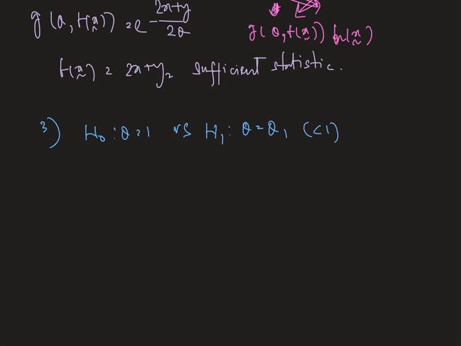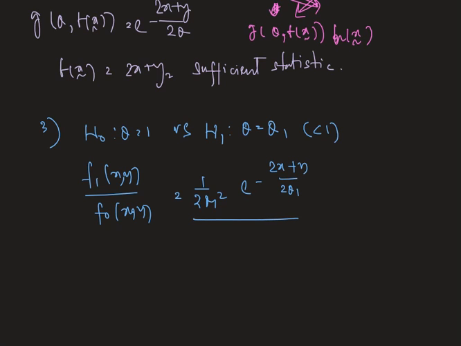Now by Neyman-Pearson theorem, f1(x,y) divided by f0(x,y) is equal to 1 by 2 theta 1 square e to the power minus (2x plus y) divided by 2 theta 1, divided by 1 by 2 e to the power minus (2x plus y) divided by 2.